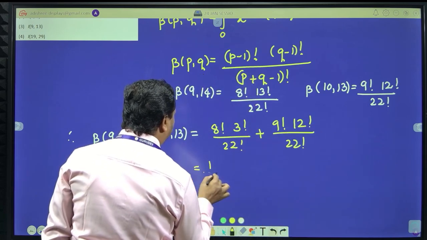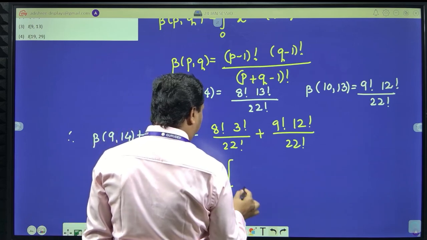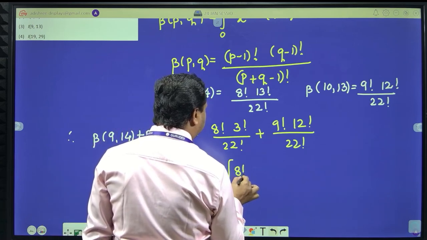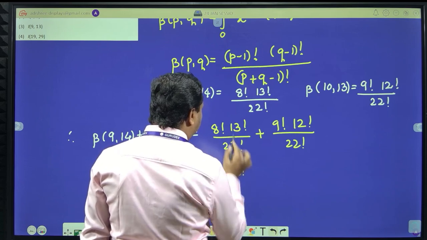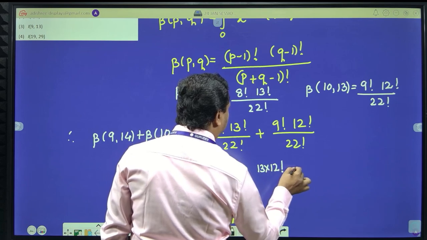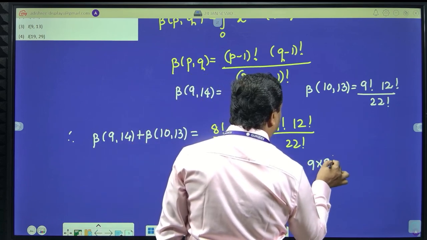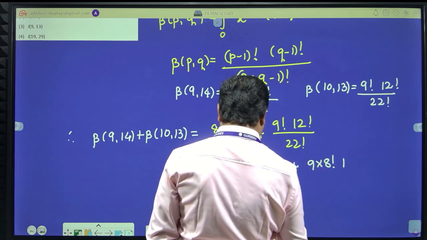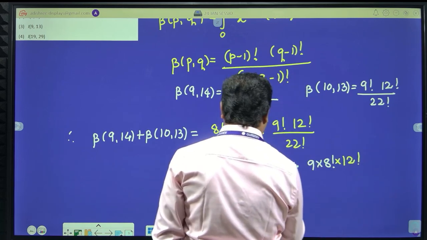So what is common? 1 divided by 22 factorial is common. I can keep 8 factorial as it is. 13 factorial I split as 13 into 12 factorial, and 9 factorial I split as 9 into 8 factorial, and I'll keep 12 factorial as it is.